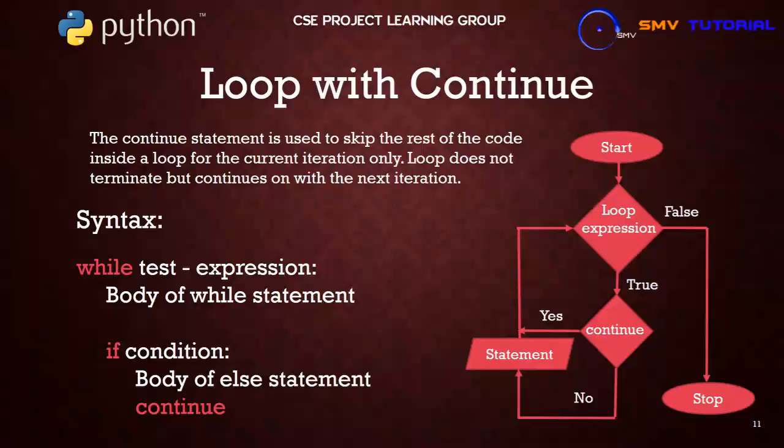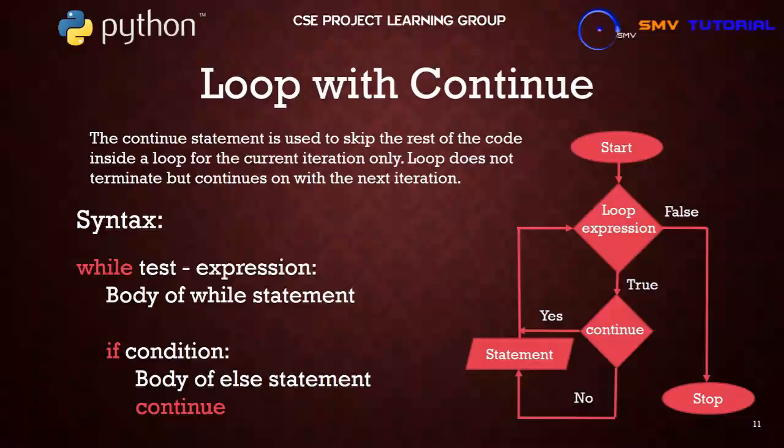I am using the while loop. While the test expression is true, the body of the while statement is executed. Next it checks the if condition, and if this is true, the body of the if statement is executed. Finally I am using the continue statement. This is how the continue statement works in the code.